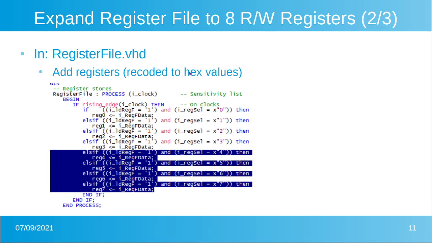Something we also did was recode to hex values. Instead of double quote 0, 0, 0, 0, double quote, we changed it to X, double quote 0, double quote. That says it's a hexadecimal value, 0 through F if it's a single digit like this. It has to be in double quotes because it's not like a 1 or a 0. And added 4, 5, 6, 7 down here, and the registers are 4, 5, 6, and 7.